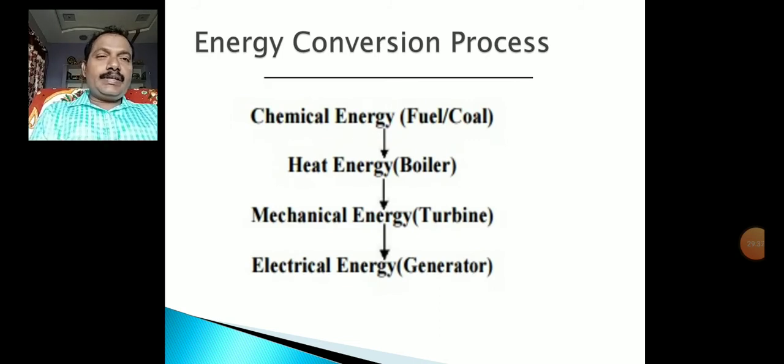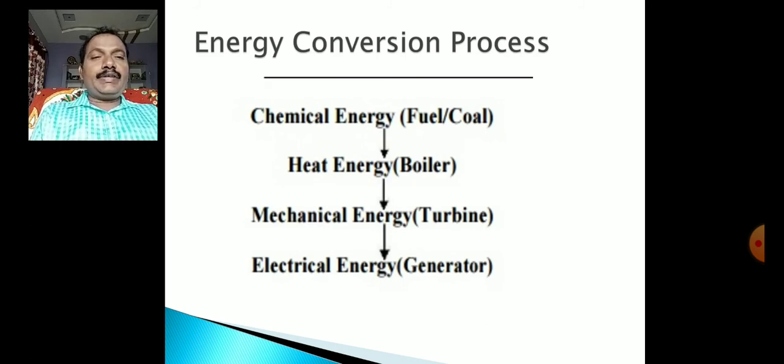Observe here, this is the energy conversion process in a thermal power plant. The chemical energy, that is the fuel or coal, is transformed into heat energy with the help of the boiler.